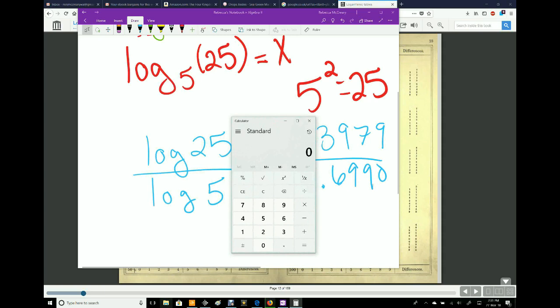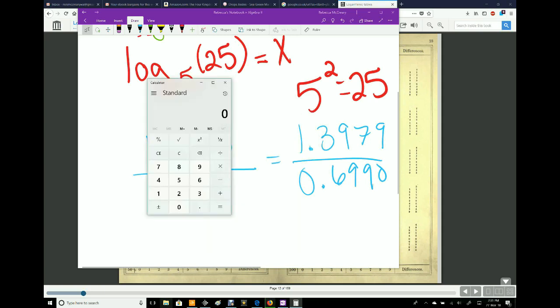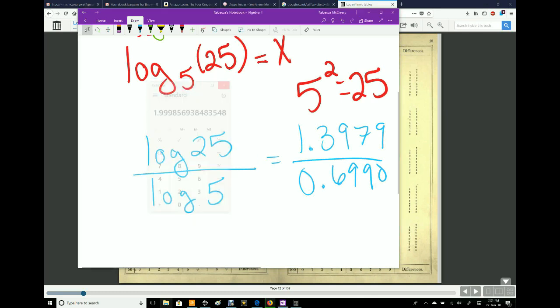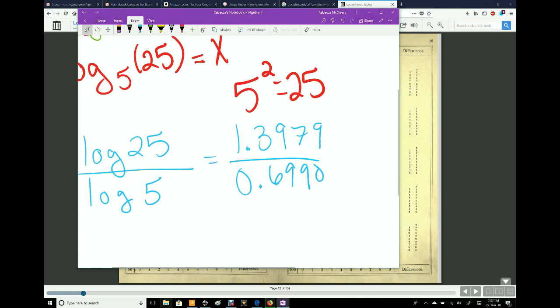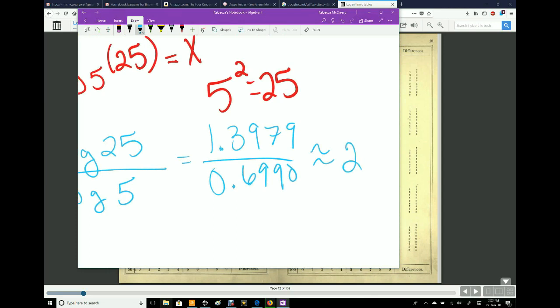Okay, so 1.3979 divided by 0.6990 is 1.9998. For my money, that's pretty close to 2. Okay, so there you go. Some nice proof that it works. So this is roughly equivalent to 2. It was what, 1/10,000th off? I say it's pretty close.